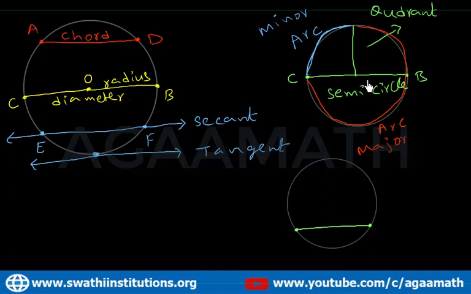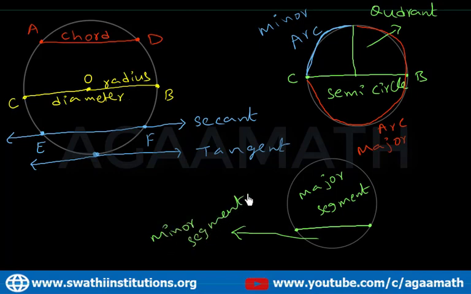Here in this figure, BC is a diameter, and it divides the circle into two equal parts, each called a semicircle. Then what about these parts when they are not equal? The one having a larger area is called the major segment, and this part is the minor segment.